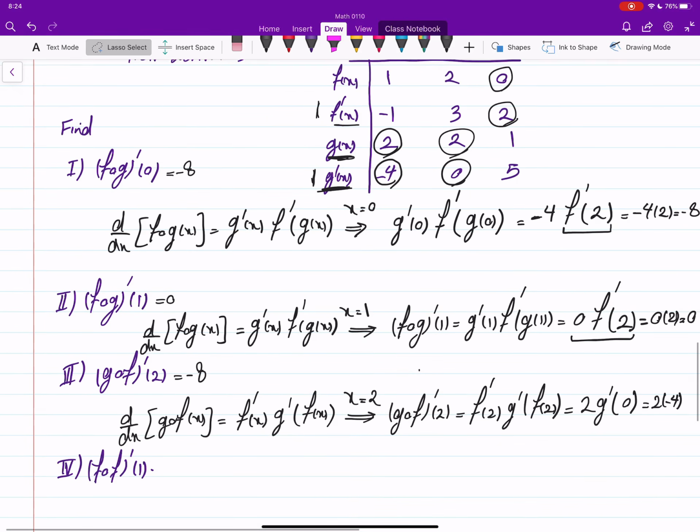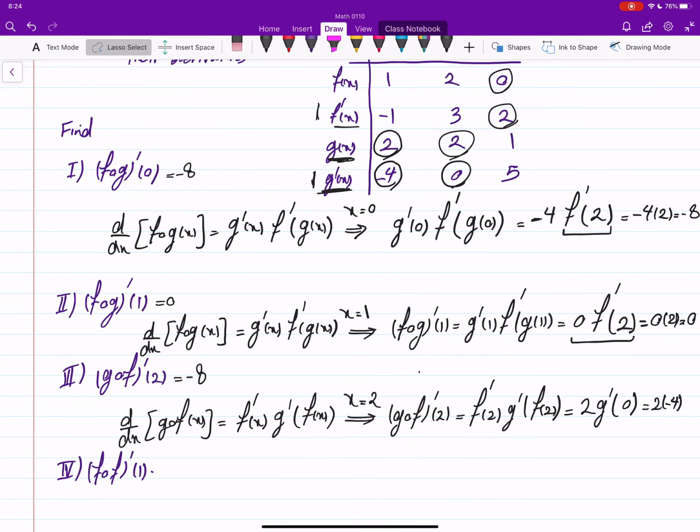And the last one here, I'm bringing up because I want to have access to our value table. So here I have the derivative of f∘f at x. This is equal to the derivative of the inner one, which is f prime, times the derivative of the outer one, which is again f prime, but evaluated at the inner one.